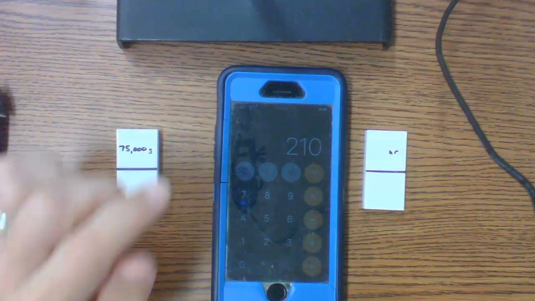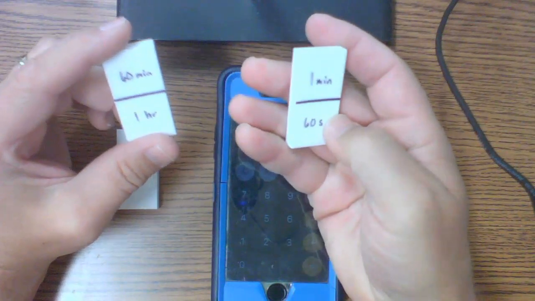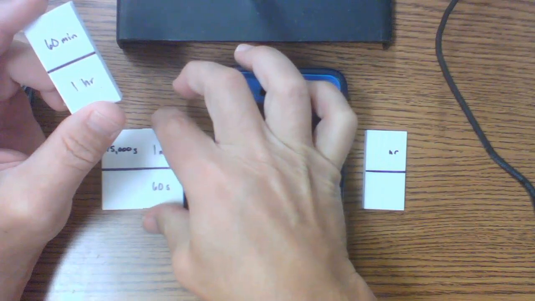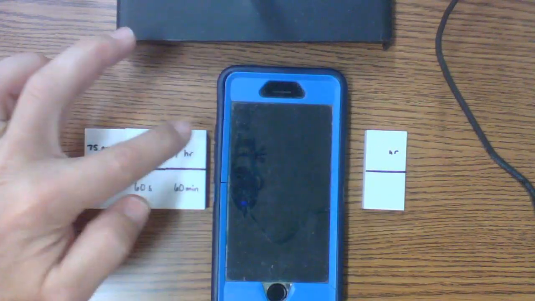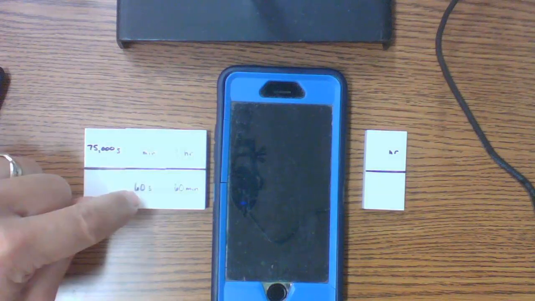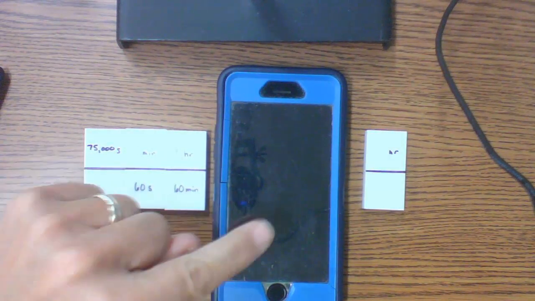So in this one, we're going to have to set up both dominoes because we've got our seconds. So we're going to have our seconds, and we want to go to minutes. So there's our seconds to minutes. And then we're going to go minutes to hours. But remember now, we got to make sure our minutes are on the bottom. Okay. So now minutes to hours. And in this case, we're going to divide by that 60, and we're also going to divide by that 60, and that'll give us our hours.